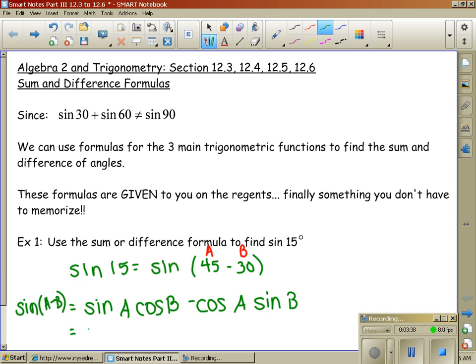A is 45, so sine of 45, cosine B, B is 30, minus the cosine A, 45, times the sine of B, 30.